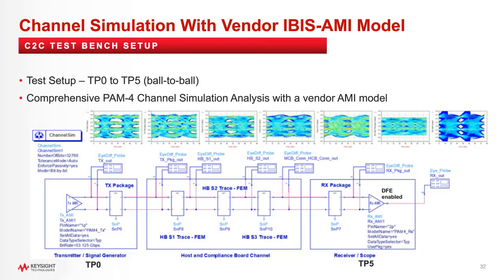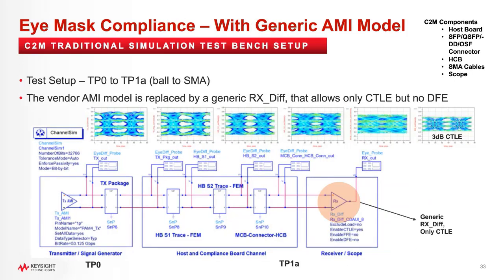If we cannot turn off this DFE, it may mean that we cannot use the receiver model for IMASC compliance testing since it says only with the CTLE. Then how can we handle this? One of the ways of solving this problem is to use the generic IBIS-AMI model from ADS instead of using a vendor-provided IBIS-AMI model for the receiver.